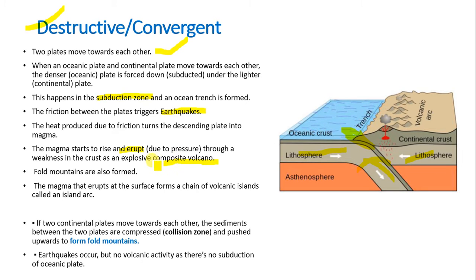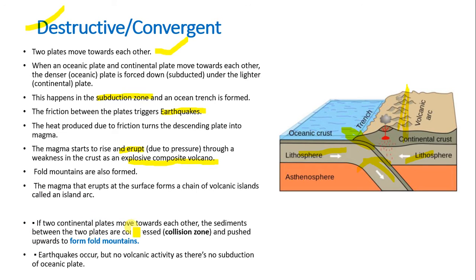So this can lead to composite cone volcanoes. Now, fold mountains are also formed due to the collision between the two plates. Now, the magma that erupts at the surface forms a chain of volcanic islands called an island arc.